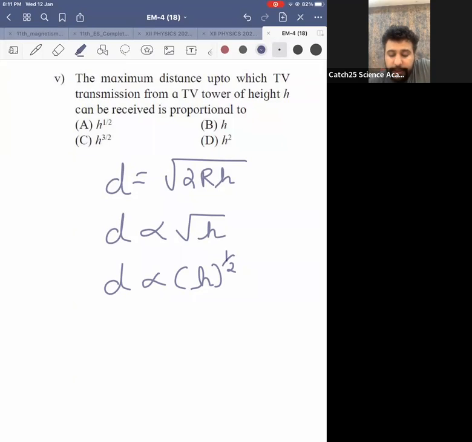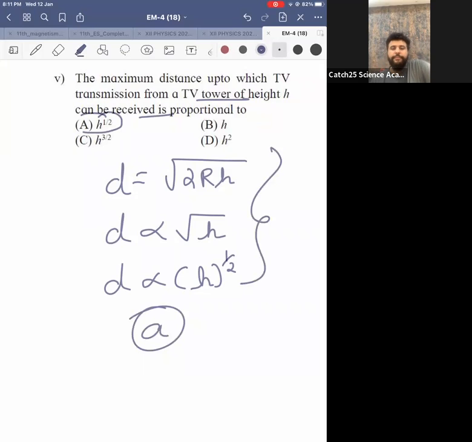Therefore, what is the relation between distance and height? Answer is h power half. Therefore, answer is A. Just check, all of you. The reason and the logic is on your screen. Start solving and tell me if you have understood this particular MCQ, relation between distance and height.